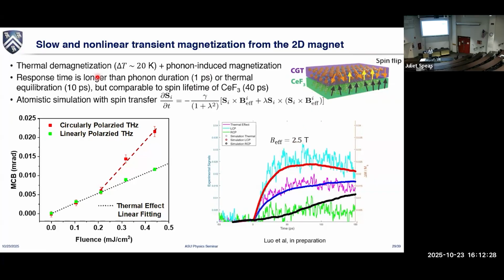So then we do an atomistic simulation, which basically says the spin dynamics of the ferromagnet is related to how you apply an effective magnetic field in the nearby materials. We assume that the effective magnetic field lasts about 40 picoseconds. That number we know. And here's a result, which is pretty surprising.